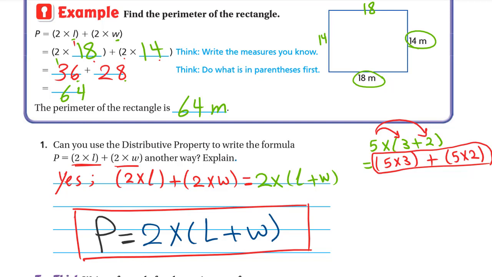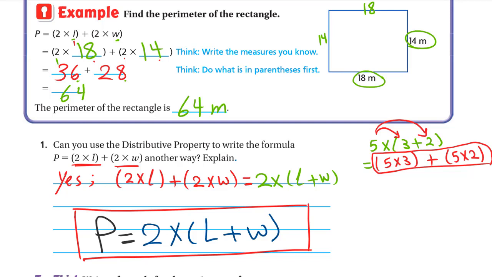So here, for example, you could add the 14 plus 18, which is 32, and multiply the 32 by 2, you get 64.